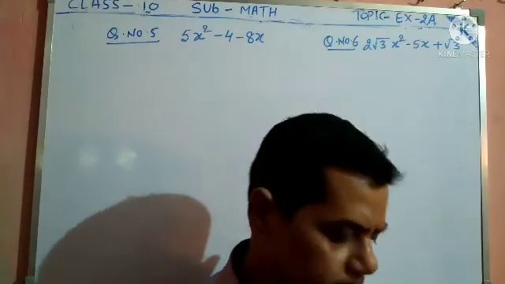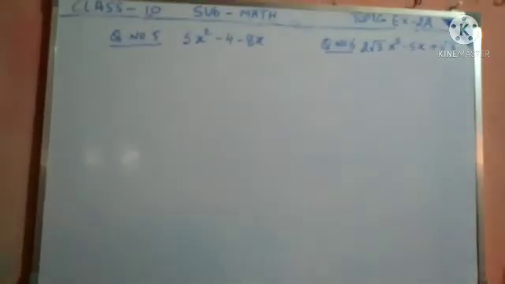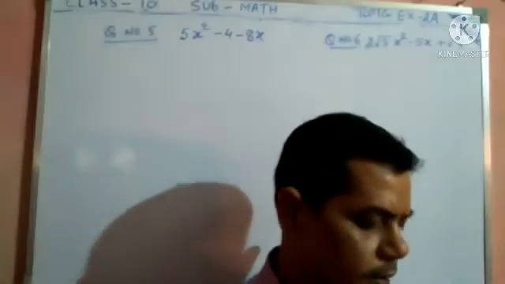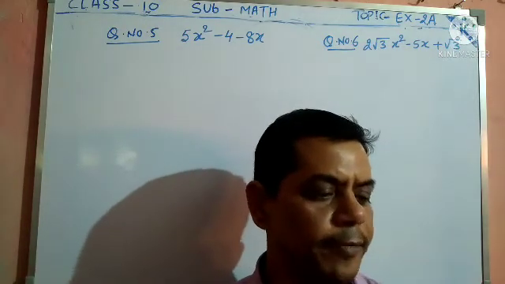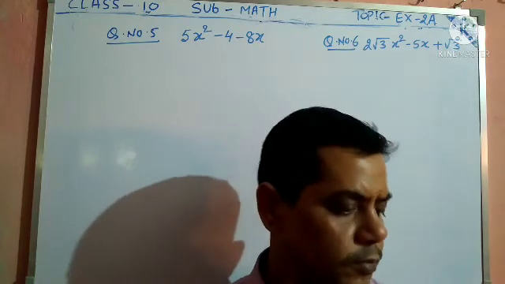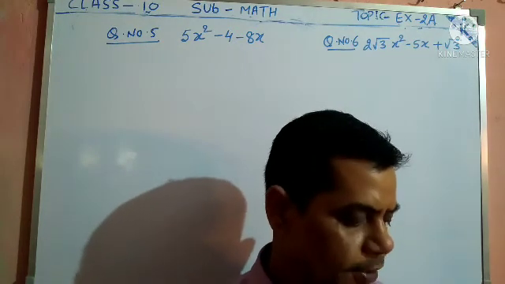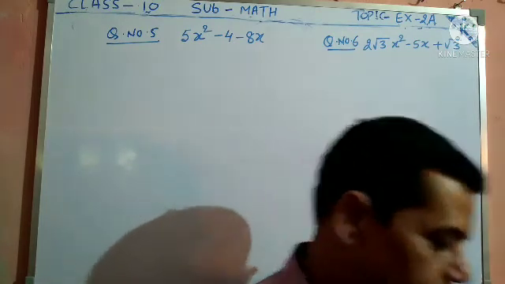In this question, find out the zero of the following quadratic polynomial and verify the relationship between the zero and the coefficient.